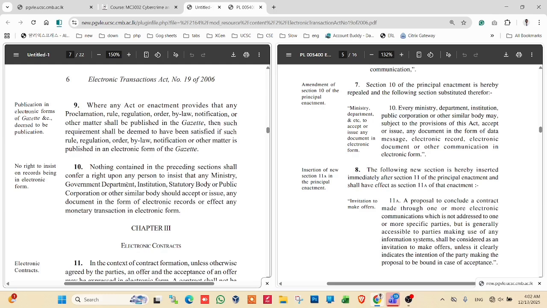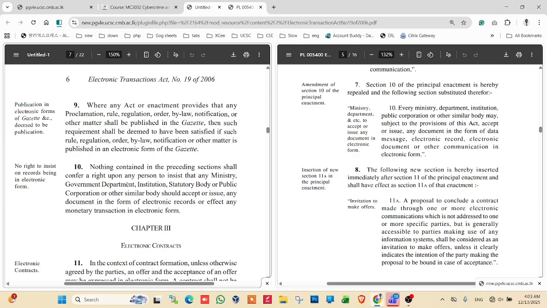So the problem with this is what? If I don't want to change to electronic documents, what do I have to say? Section 10 in the Electronic Transaction Act: you can't insist that I do it. Is that idea clear? Obviously people will find gaps to do certain things, so this is a gap.